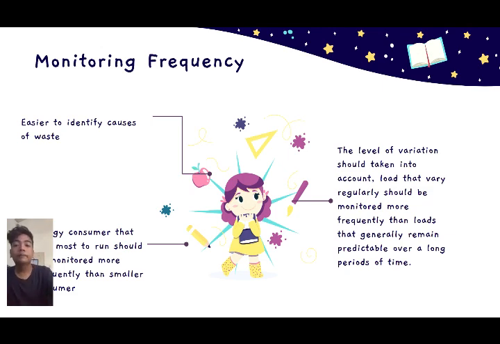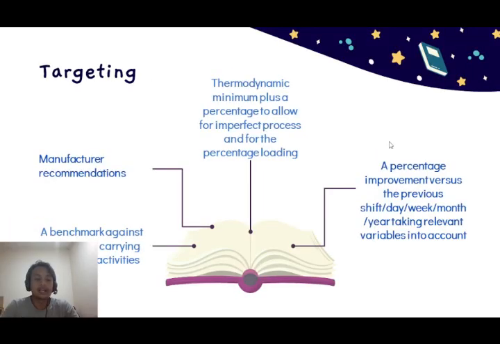Okay, targeting. Once energy consumption is being monitored effectively, the information collected should be used to set targets. Targets can be set based on the theoretical thermodynamic minimum plus a percentage to allow for imperfect process.